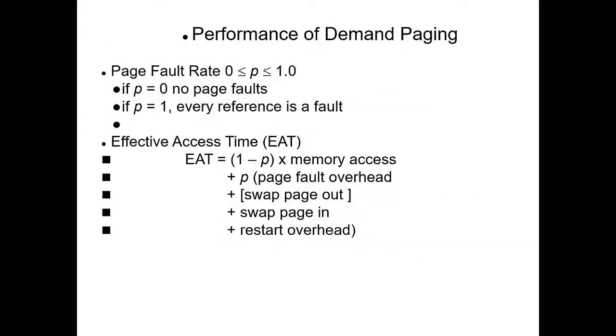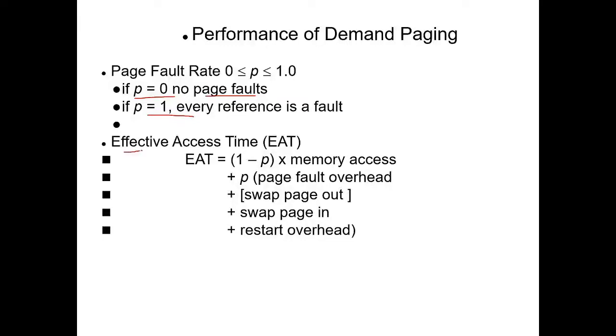To calculate the total time taken when the requested page is not available in the main memory, we consider how much time the operating system takes to search for the page, locate a free frame and restart the instruction. P indicates a page fault: 0 indicates no page fault, 1 indicates there is a page fault.